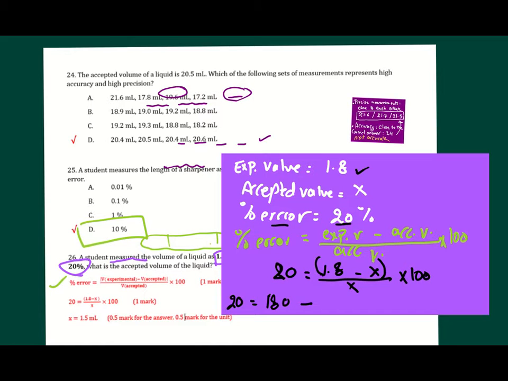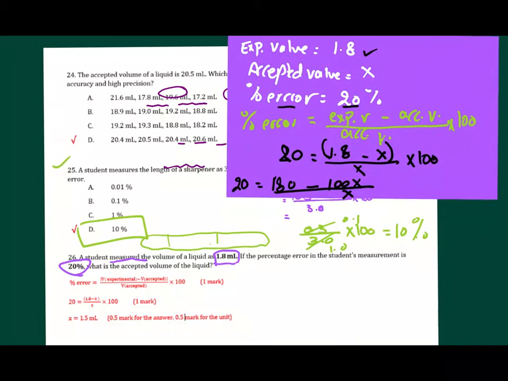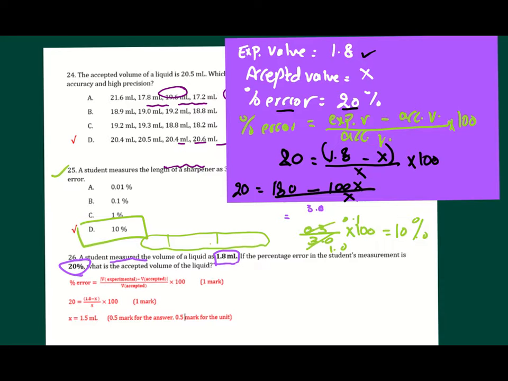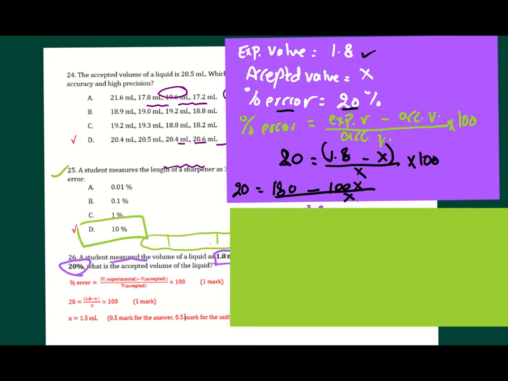minus 100x over x. Then you will continue working until you get the value of x. I will say then cross multiply: 180 minus 100x equals 20x.